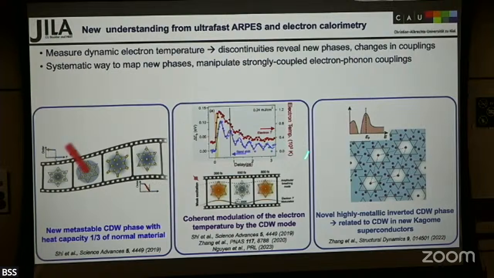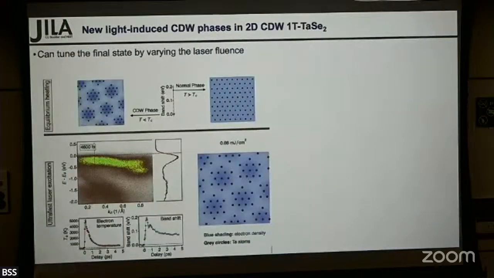These are not small changes in temperature. This is electron temperature in 1,000 degrees Kelvin. So these are very large oscillations, but it's not oscillations in energy. It's just changing the distribution. Does that make sense? Those electrons are only talking to the strongly coupled breathing mode, and so that's what we're going to use.